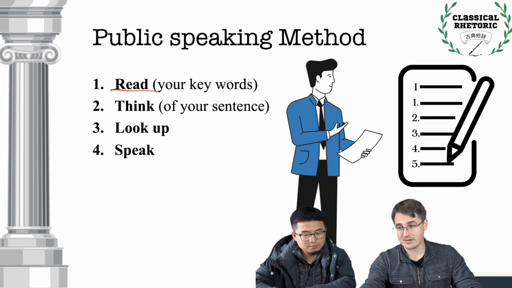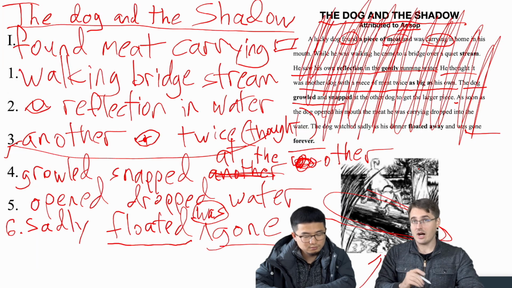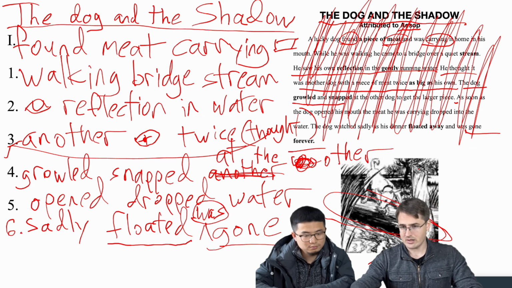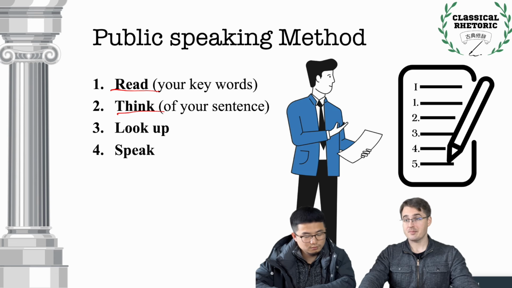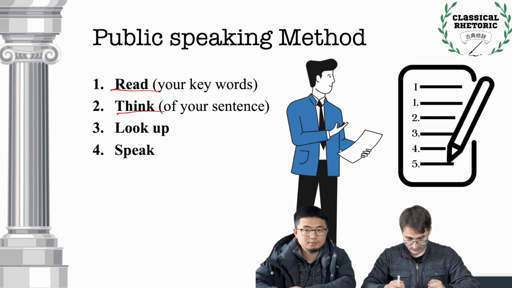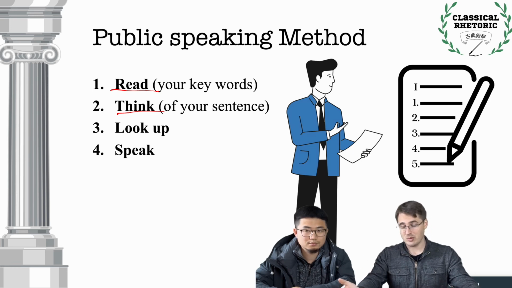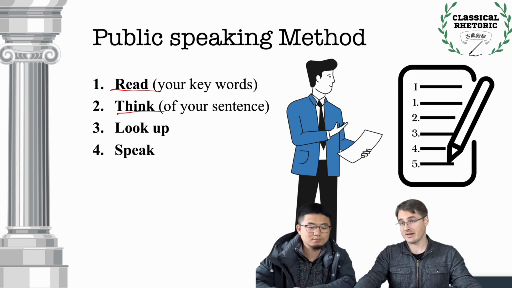Found, meat, carrying, mouth. Second, think of your sentence. Okay, a dog found some meat and was carrying it in his mouth. Then last of all, look up and speak. Do not look at your KWO when you speak like this. Look up at the camera or at the voice recorder and speak. A dog found some meat and was carrying it home in his mouth.